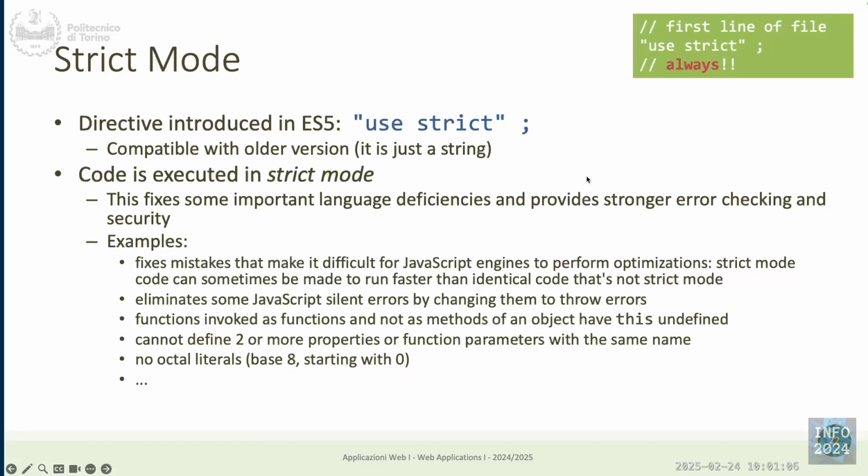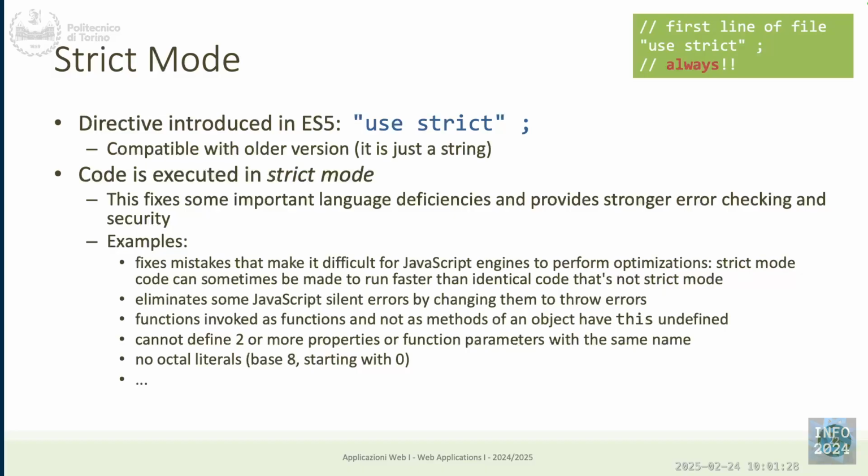As I mentioned, we will not even look at the older version of the JavaScript language. We'll write all our code in so-called strict mode. There are two ways of telling the interpreter that we want to use strict mode.